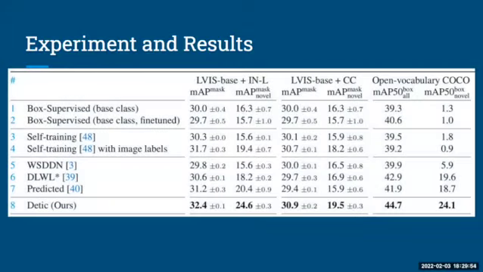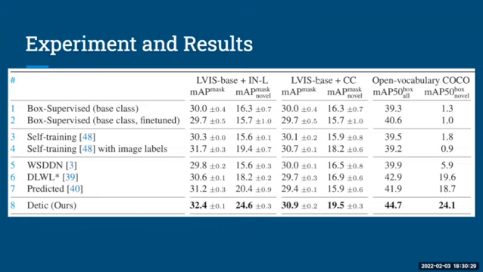Okay, so the first experiment that we are going to be looking at is they explore how to use different image level supervision. If you guys remember from the dataset slide, I mentioned they used LVIS with ImageNet-21K dataset. They also use LVIS base with conceptual captions, and they use another dataset called Open Vocabulary COCO. So they experiment with these 3 settings, and these three settings differ in the number of objects and the number of image labels per image.